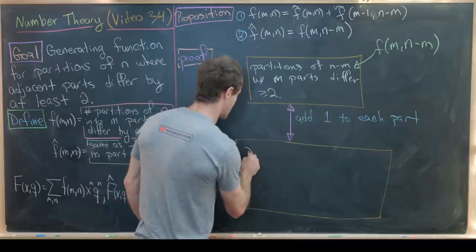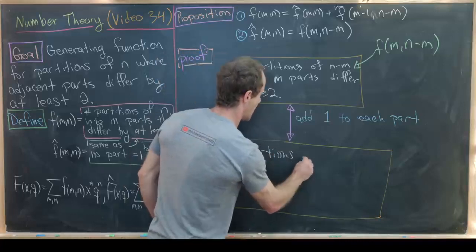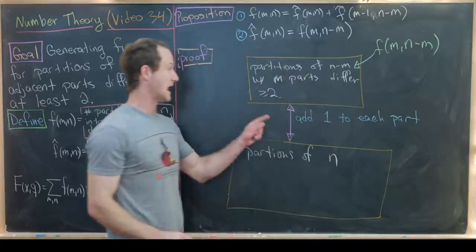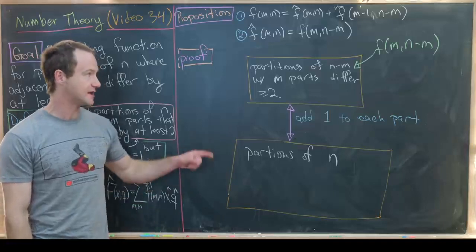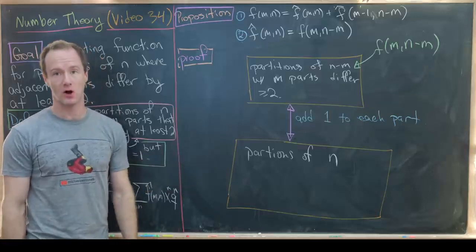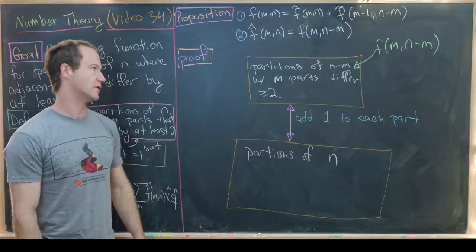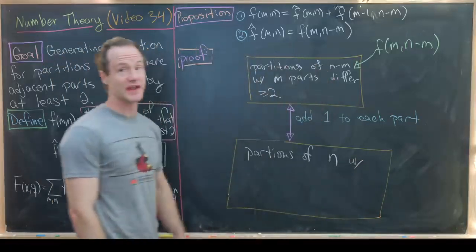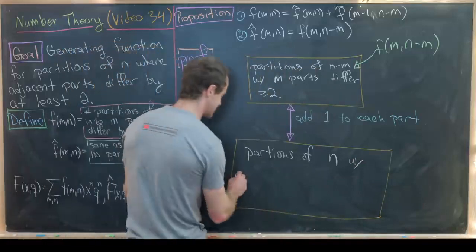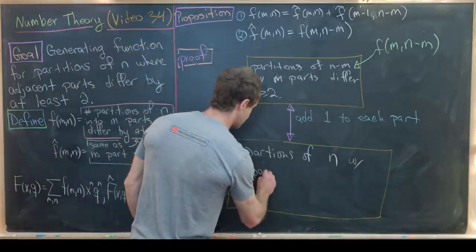So that's going to give us partitions of n instead of n minus m, because we've added 1 to each of the m parts. So in the aggregate, we have added m. But we have not changed the number of parts. So this is still with m parts.